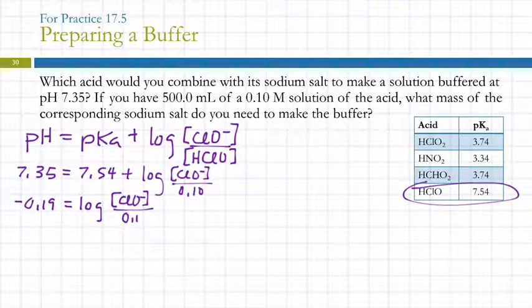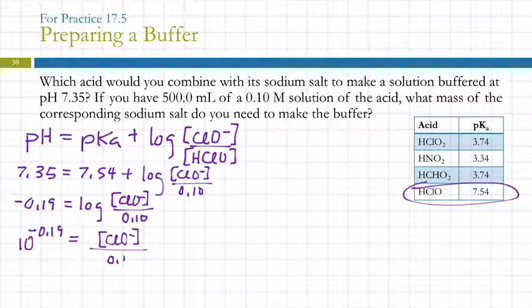Then I need to get rid of the log, so I'm going to do 10 to the x to both sides. So 10 to the negative 0.19 equals that. So I'm going to take 10 to the negative 0.19 and multiply by 0.1.